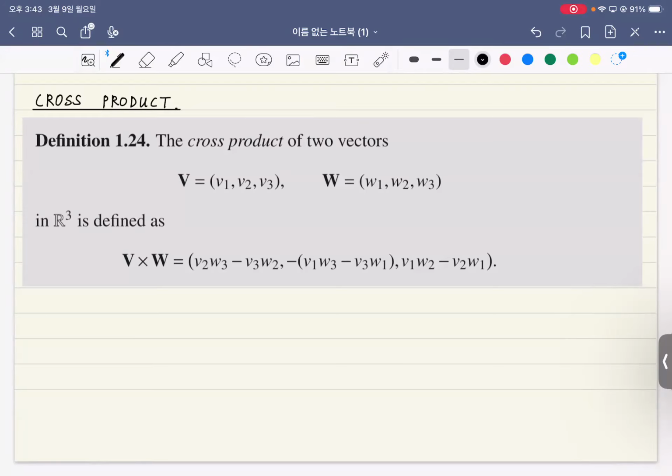But how would you memorize it? There is a very nice way to memorize this because this definition is very much related to the determinant of 3x3 matrices. So I'm going to show you how.